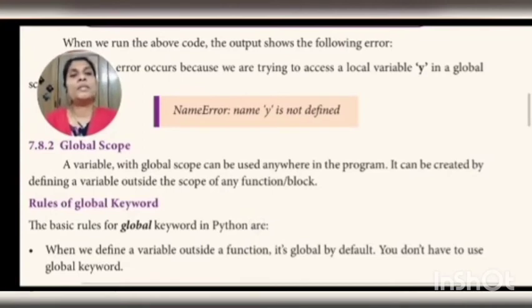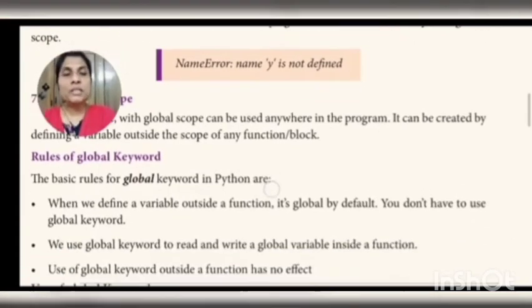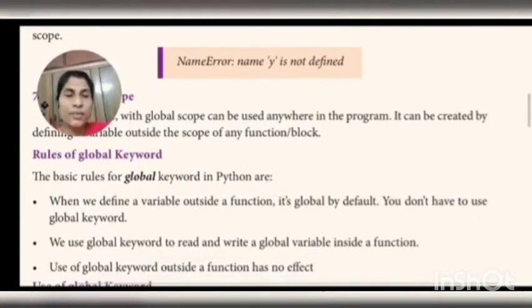So next let us see about global scope variables. All the variables which are declared outside a block, outside all the blocks, are called as global scope variables. Rules for those global scope variables. First rule is that whenever we create a variable outside a block, then automatically it will become a global scope variable. We need not specify any keyword like global variable name.